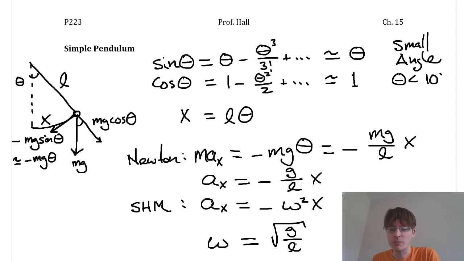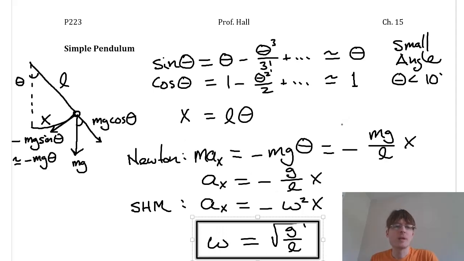Or in other words, longer length pendulums swing more slowly. They have a longer timing as they swing. That's a simple pendulum, and we can predict what its frequency is and what its period is.